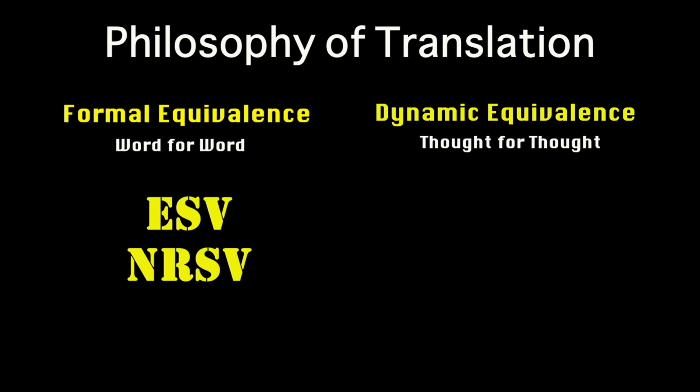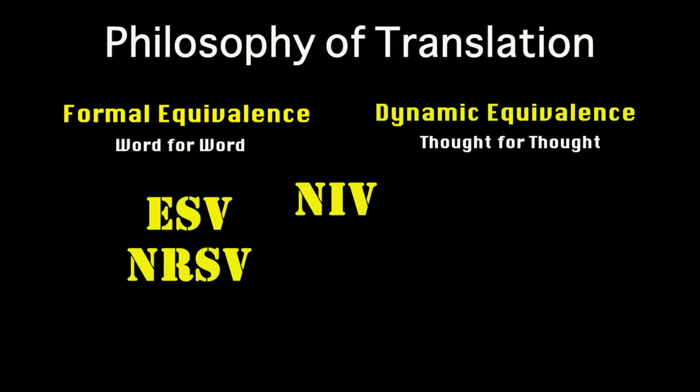Now, a translation like the New International Version that I mentioned earlier actually tries to take the middle road here and tries to achieve a balance between formal equivalence and dynamic equivalence. And they also try to use plain English. Now, plain English often means boring English, but still an excellent translation.